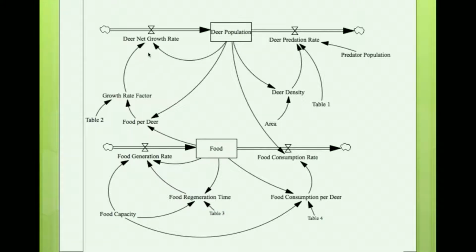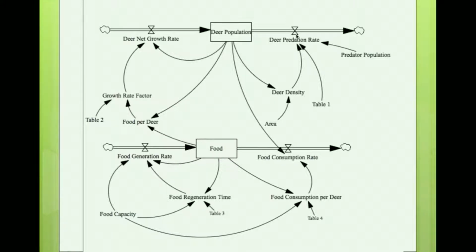The negative side of deer is predation, and this model has an exogenous predator population. That means that the predators are specified externally. They're not a population modeled explicitly. We'll see the reason for that in a minute.